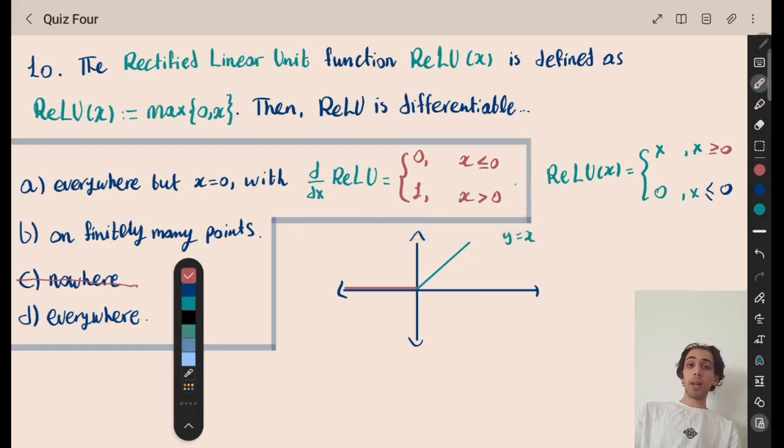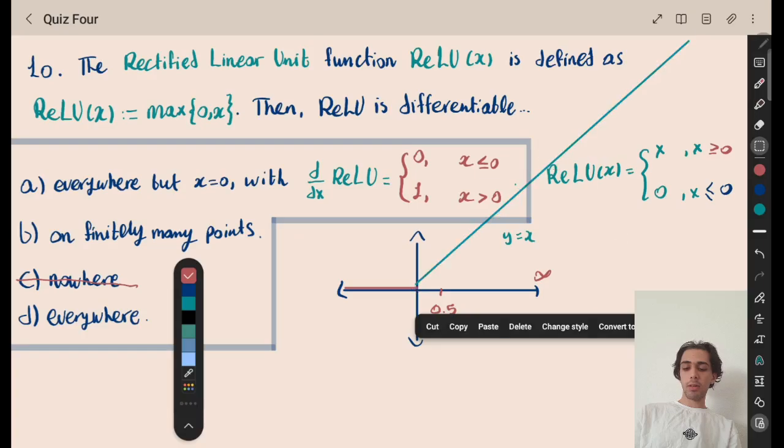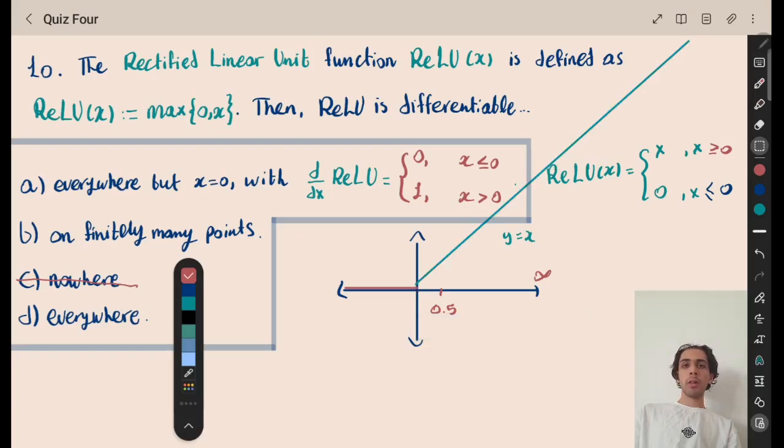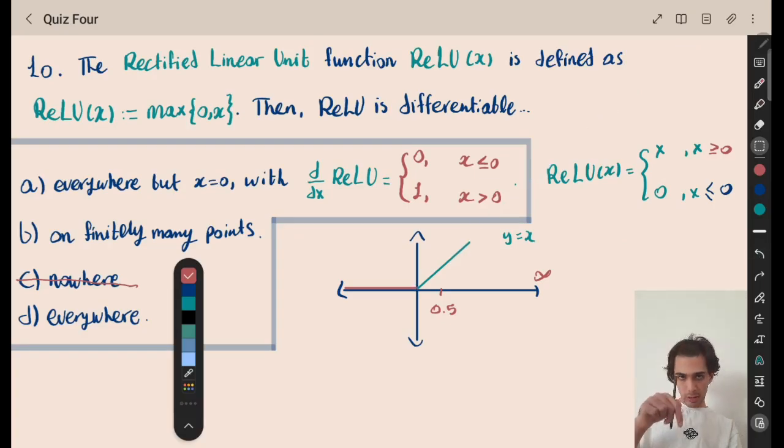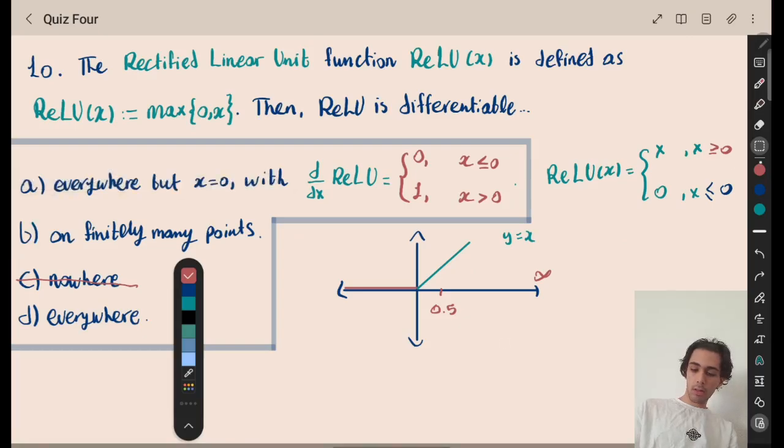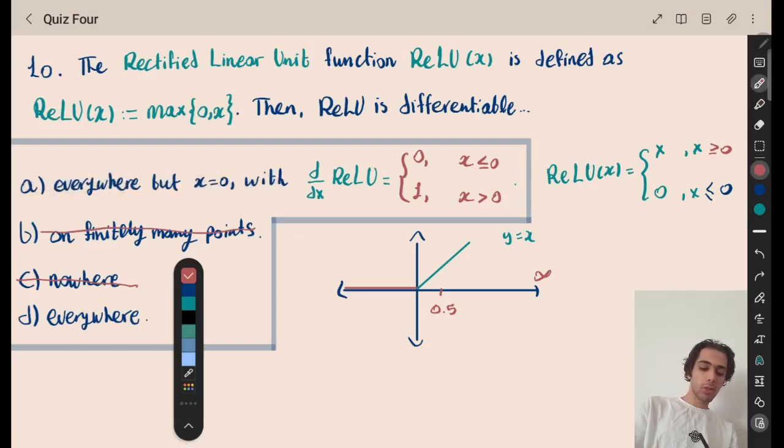It's definitely not finitely many points either, because if I choose, for example, an interval from 0.5 to infinity, I'll get an infinite line. And this infinite line is differentiable everywhere. So it is differentiable on more than just finitely many points.